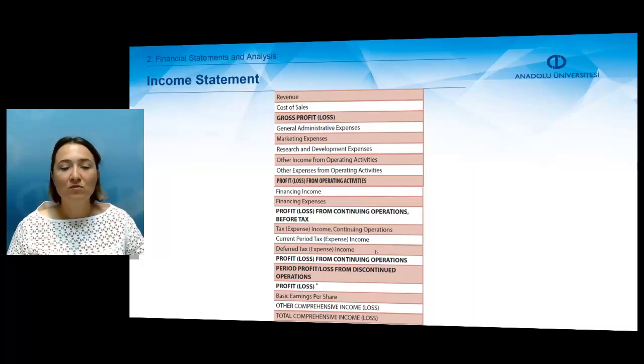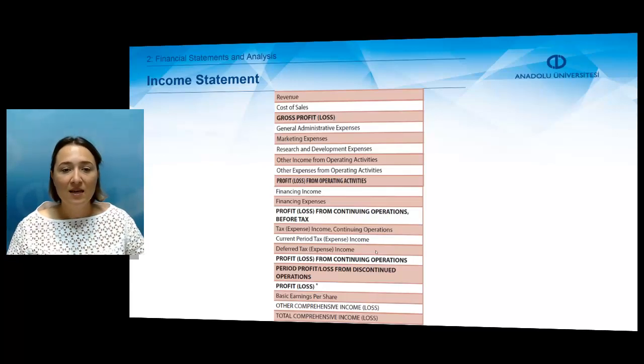And then we have general administrative expenses, marketing expenses, R&D expenses, other income from operating activities, or other expenses from operating activities. If we subtract these expenses from gross profit, then we will reach a profit or loss from operating activities.